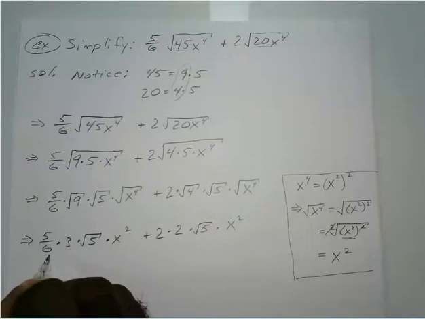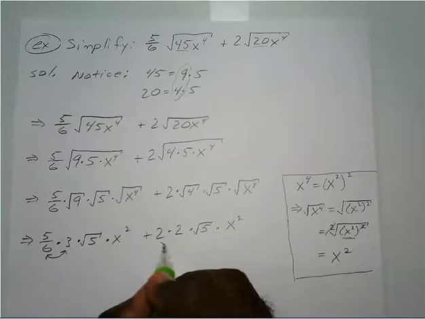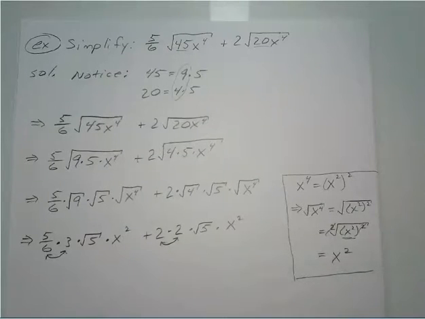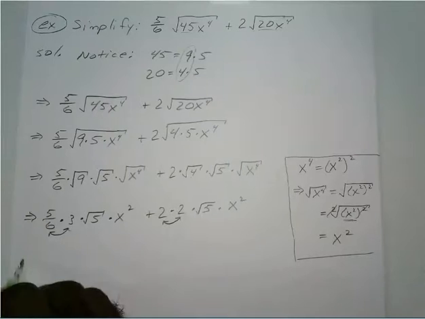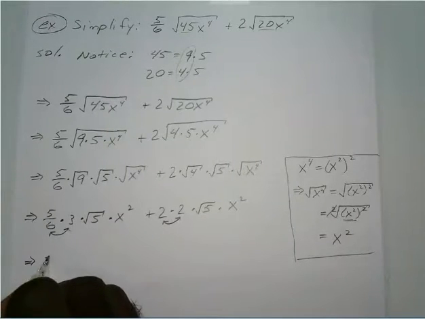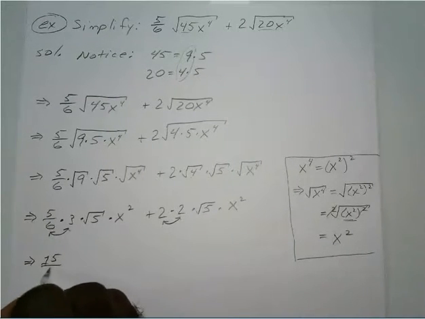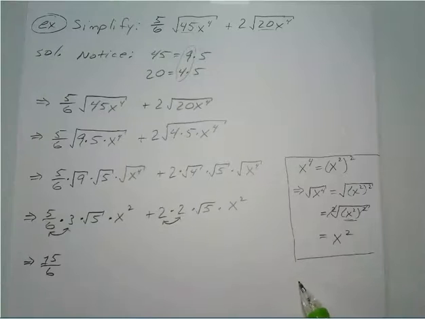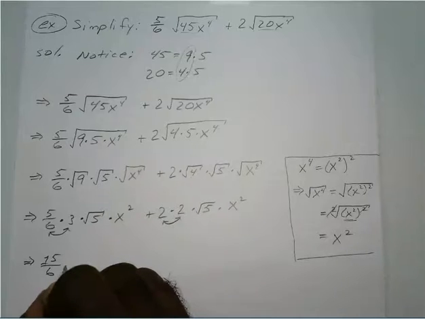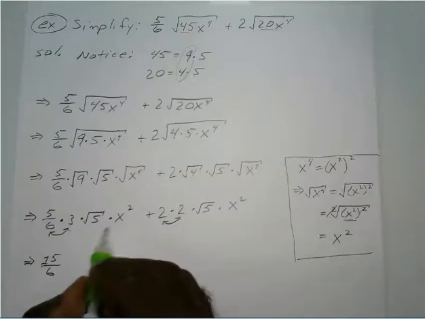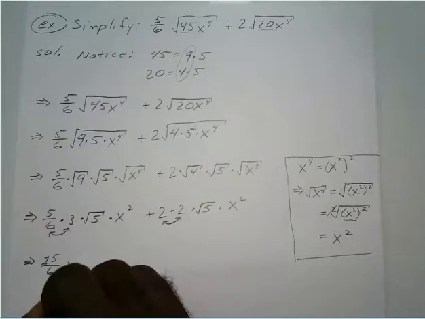Okay, so if we go ahead and combine these two, and combine those two factors, okay, 5 over 6 times 3 becomes 15 over 6. Okay, because remember it's 5 over 6 times 3 over 1. Okay, and that x squared, we're just going to move it up to the front.